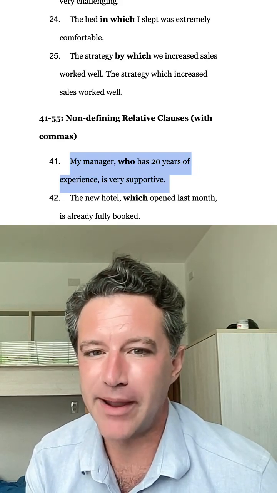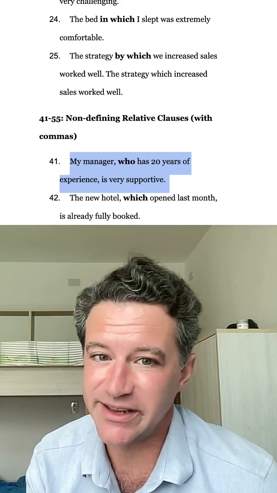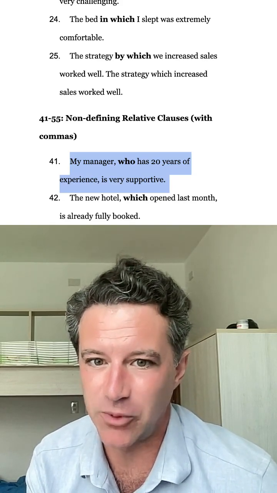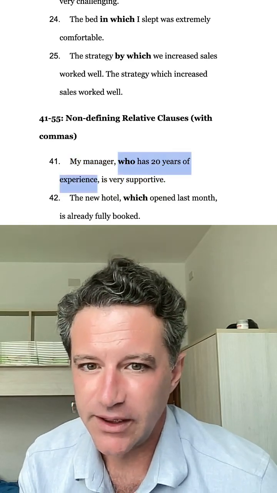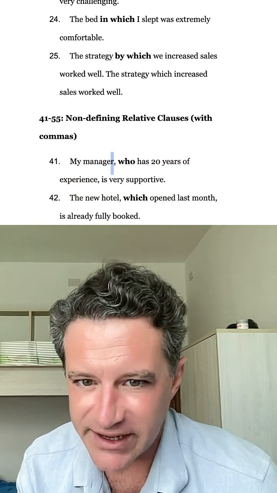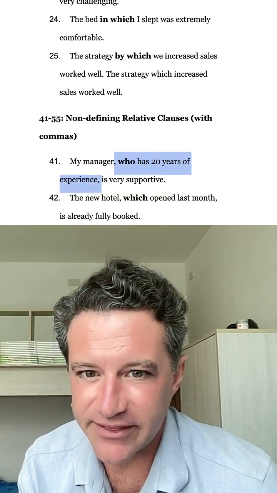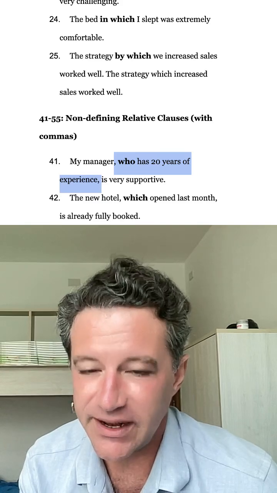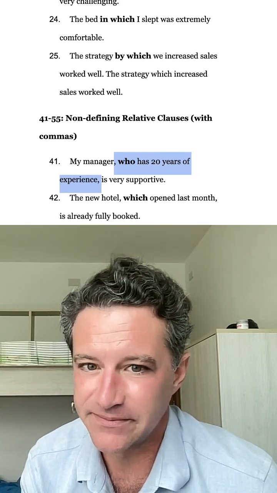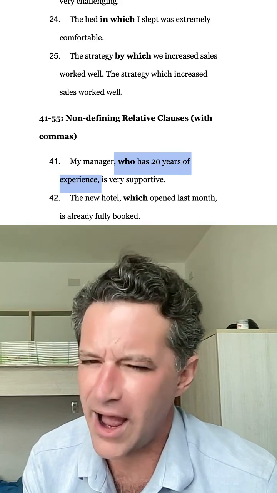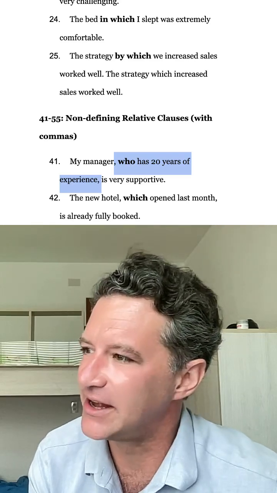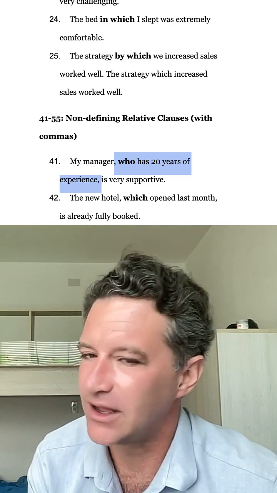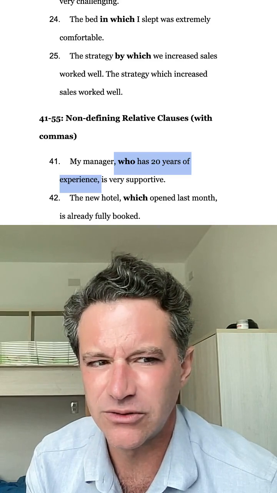Okay, so: my manager, who has 20 years of experience, is very supportive. When you use commas like this, notice that this whole phrase needs to be inside commas. Now, why? This is because this is a, how do you say, a non-essential phrase, I think.